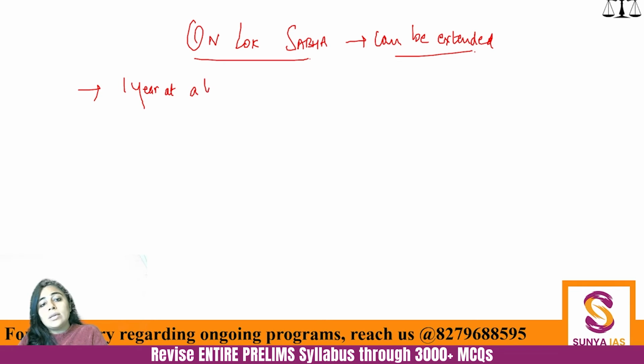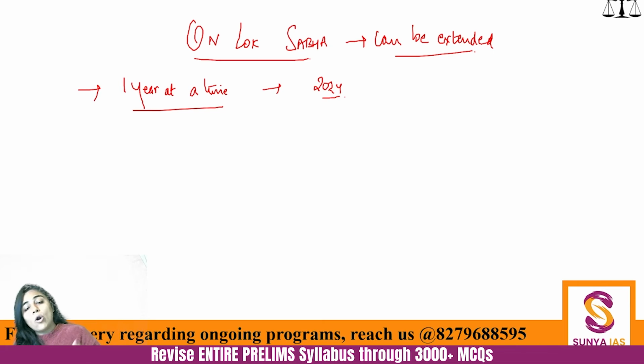So let's say the Lok Sabha had to be dissolved, say in 2024, right? If by chance at that point there is an emergency running, then a resolution can be passed saying that Lok Sabha will be carried forward for 1 year. It can go beyond its normal term for 1 year at a time, not for an infinite time period at one point.